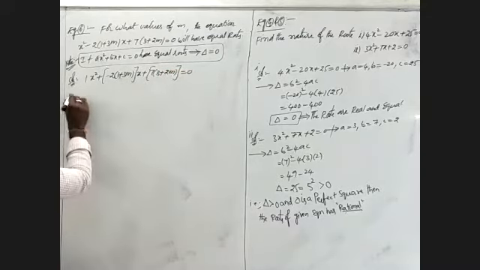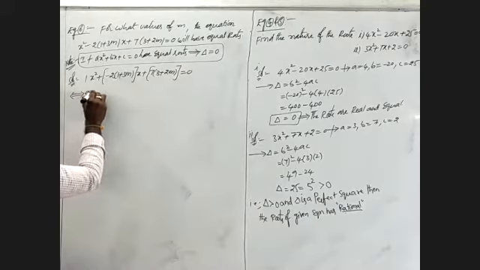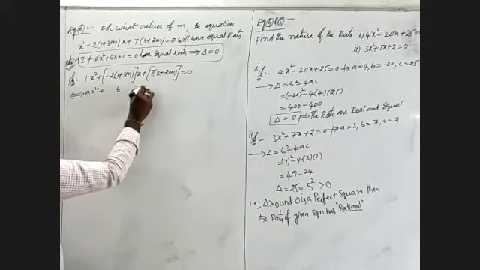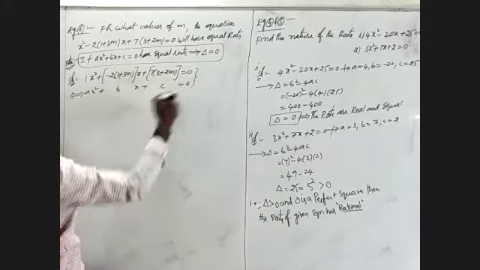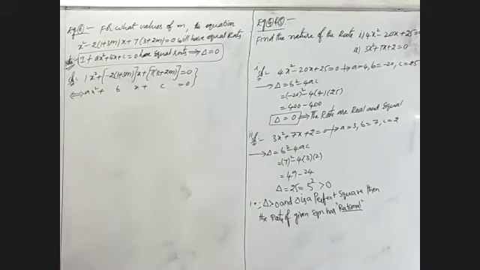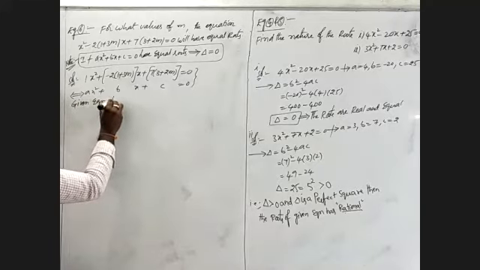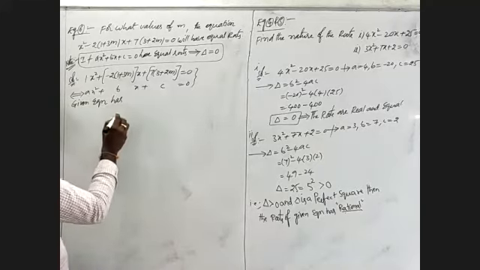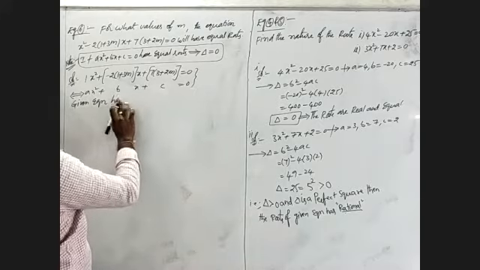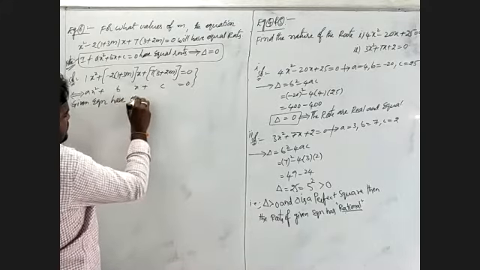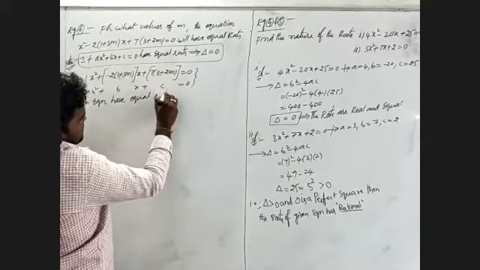Given one we compare with ax square plus bx plus c is equal to 0. We know the values of a, b and c. I will write one condition: the given equation has equal roots. This is the given condition.